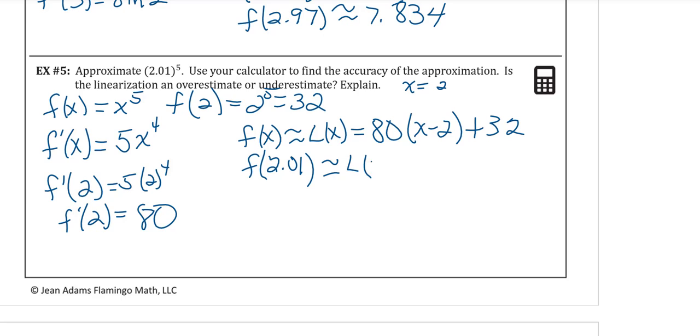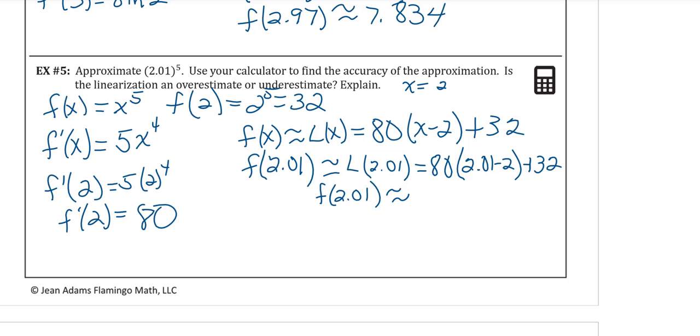So we can approximate that by using our linearization, substituting 2.01 in for x, and simplifying that, we get the value of 2.01 to the fifth as being approximately equal to 32.8.